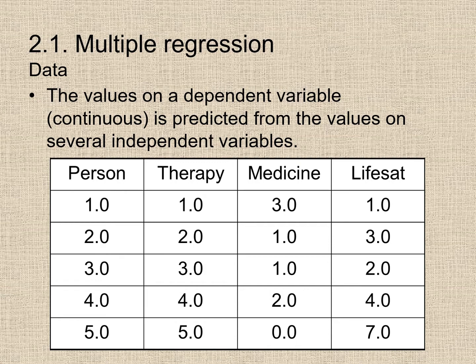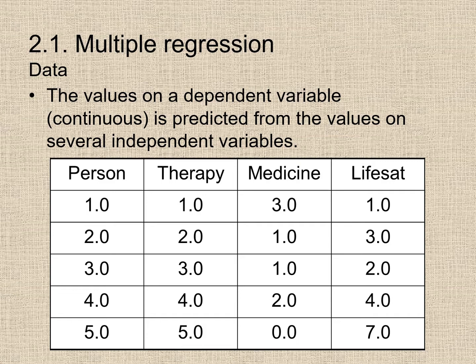So now we have several predictors. And again, the predictors can be either continuous or dichotomous. So we might have data like this, for instance. People receive differing amounts of therapy and differing amounts of medicine, and we measure their life satisfaction.